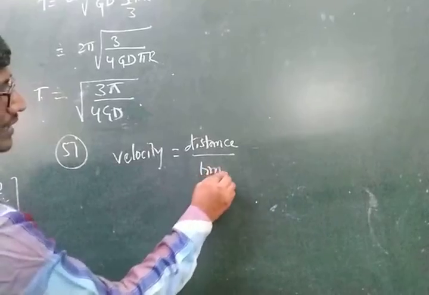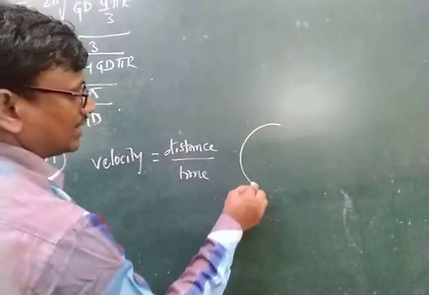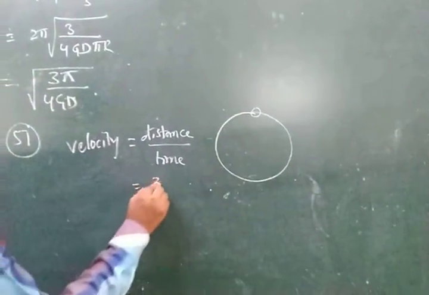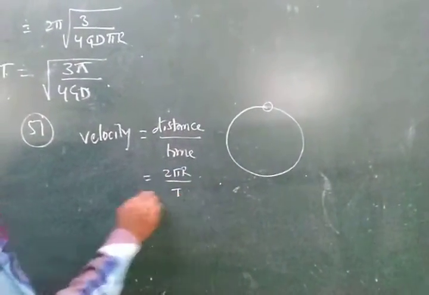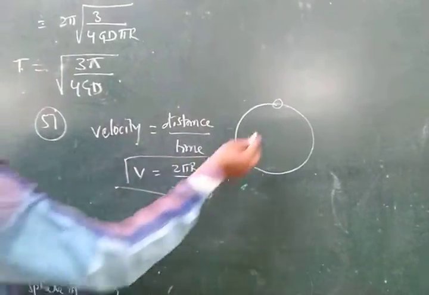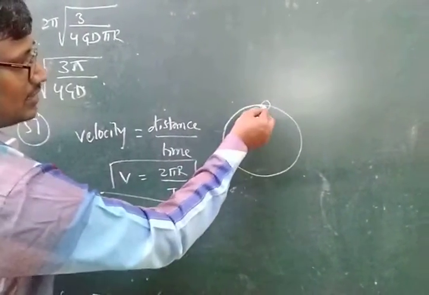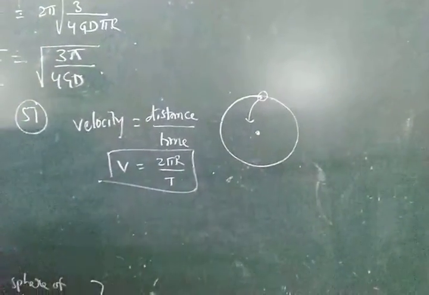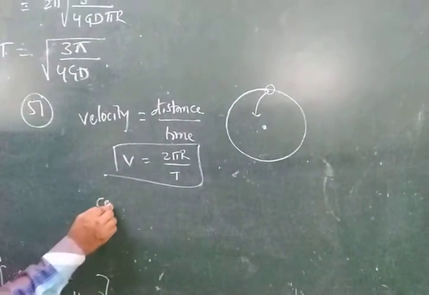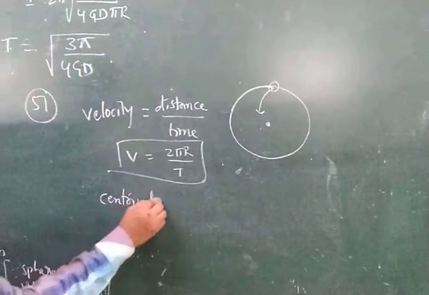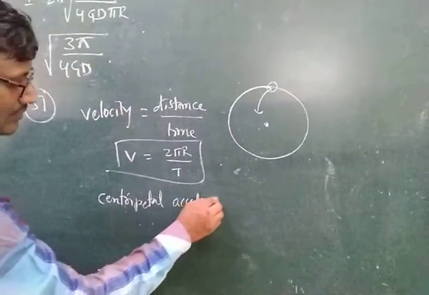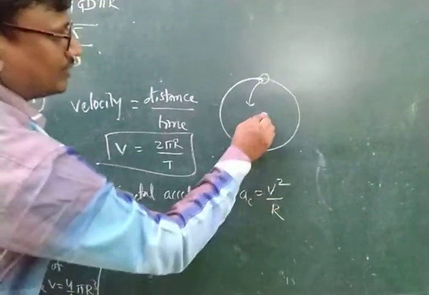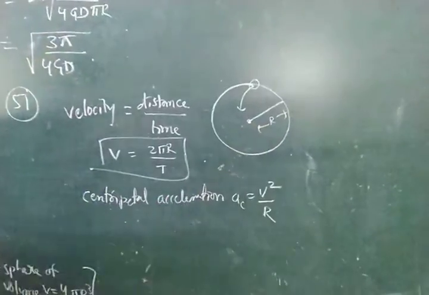It is revolving in a circular orbit, so the distance is 2 pi R, the time is T and the velocity is V. When it revolves in a circular orbit, the acceleration is directed at the center, and that is called the centripetal acceleration. The centripetal acceleration AC is equal to V square by R, because its radius is capital R.